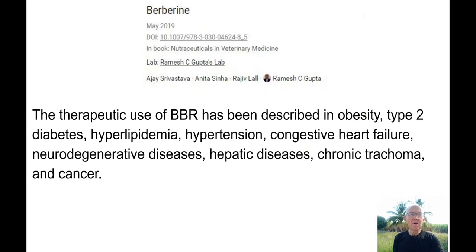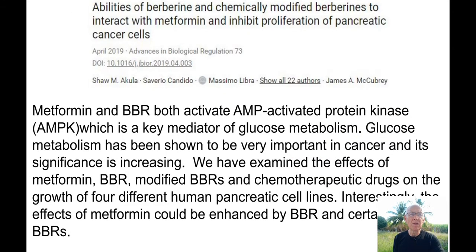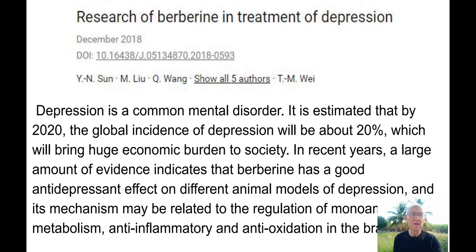Okay, then again, quite many publications, and as I said, it helps even in treatment of depression, because it is our microbiome with berberine. If we take berberine, the microbiome is functioning better. Probably it kills some harmful bacteria, and probably it just more carbohydrates are getting to the colon, and then more.